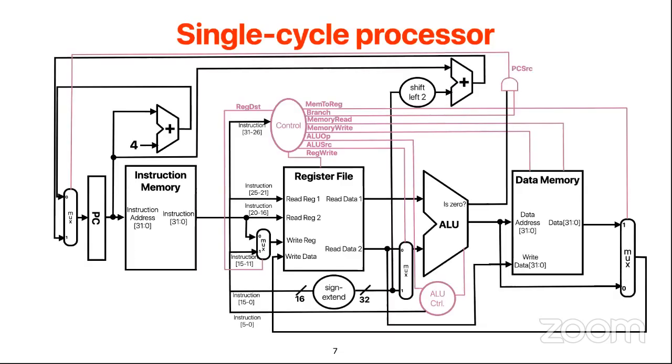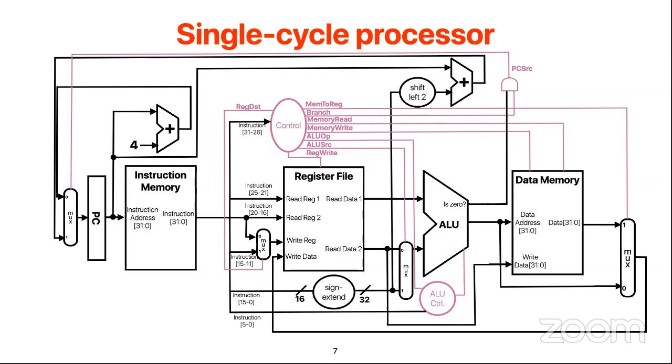So the basic idea of a single cycle processor is that we put those data path elements and control signals within a circuit, and everything that you see in this slide has to finish its work within just one cycle time.